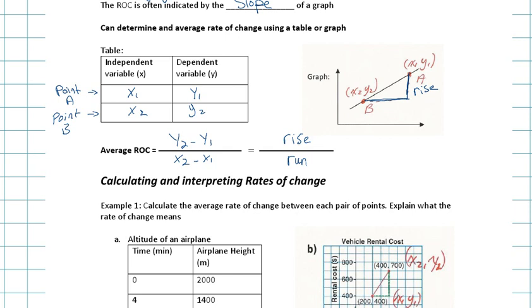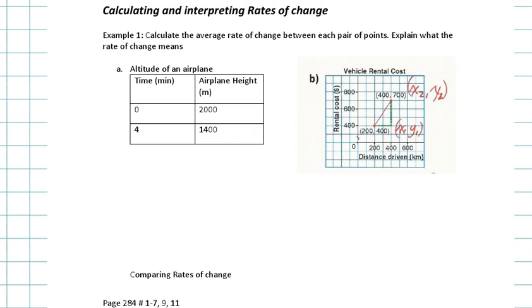So let's look at the next question: calculating and interpreting rates of change. Example number 1 asks you to calculate the average rate of change between each pair of points and explain what the rate of change means. I have my first example in a table of values, so I have to label them.